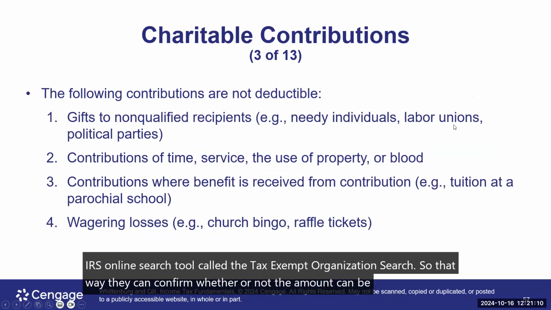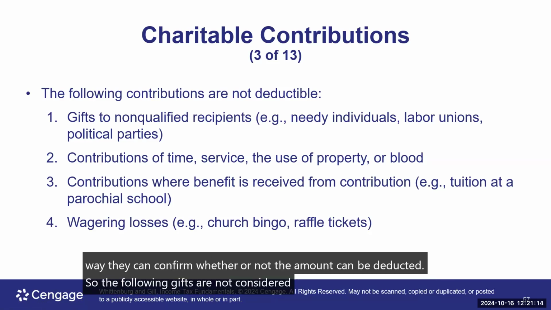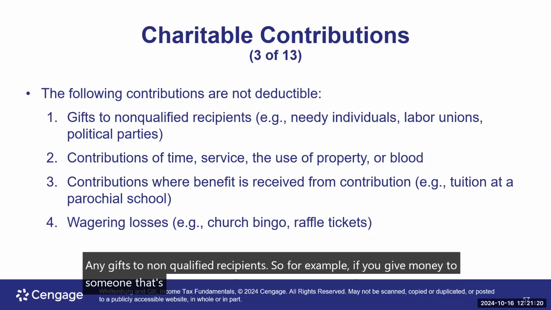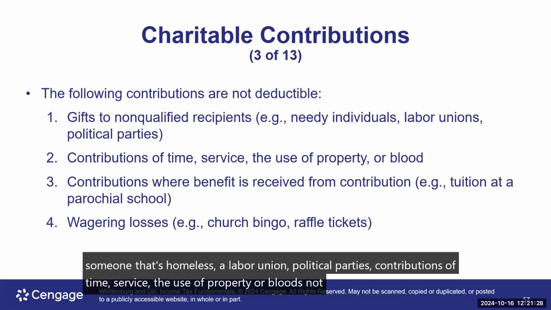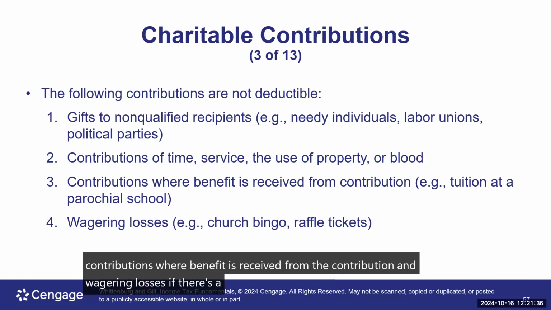The following gifts are not considered deductible: any gifts to non-qualified recipients, for example, if you give money to someone who is homeless, a labor union, or political parties; contributions of time, service, the use of property or blood; contributions where a benefit is received from the contribution; and wagering losses, such as church bingo or raffle tickets.